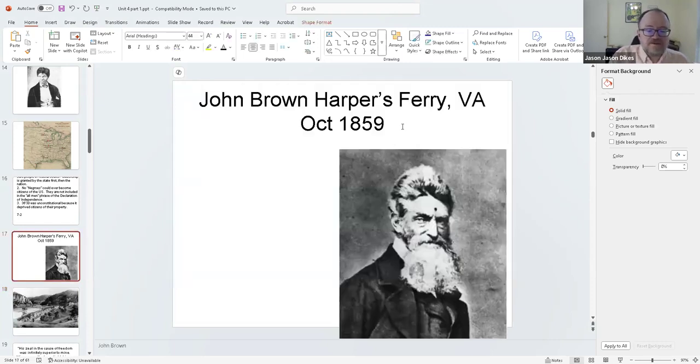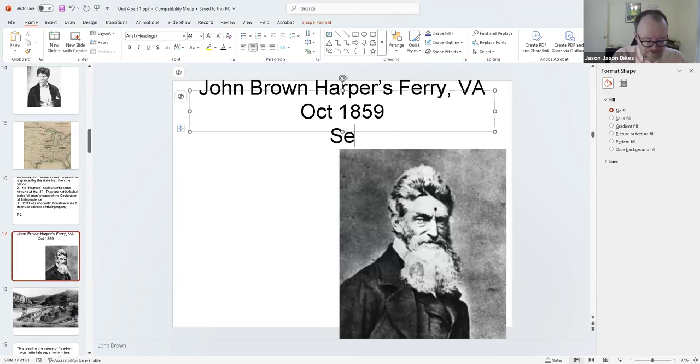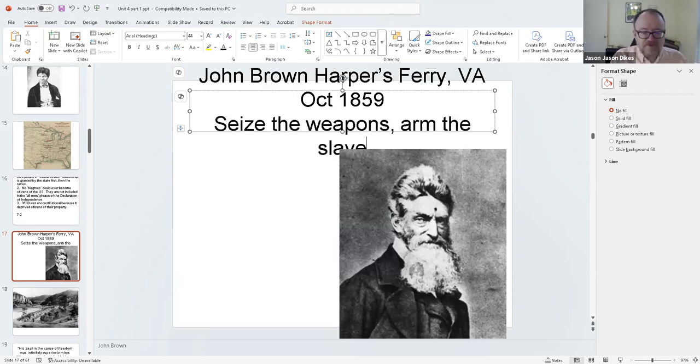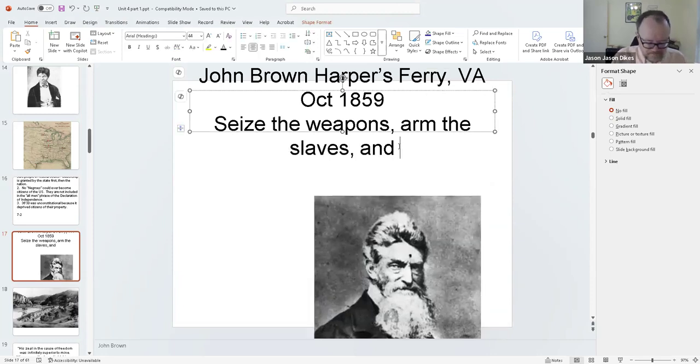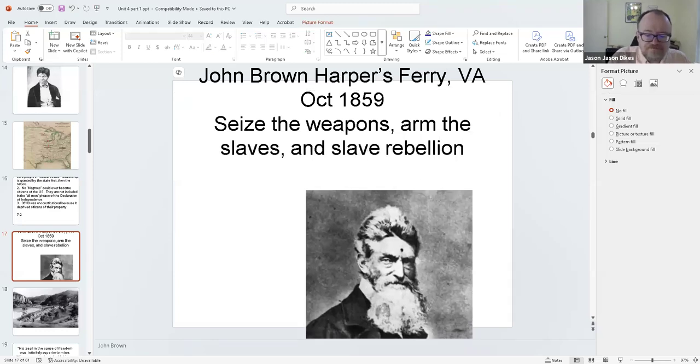And so the plan was to seize weapons, arm the slaves, and have a slave rebellion there in Virginia.